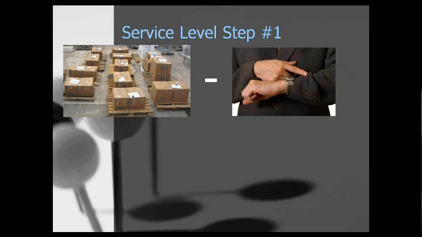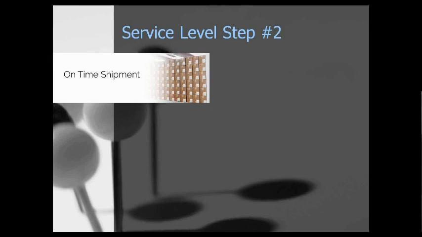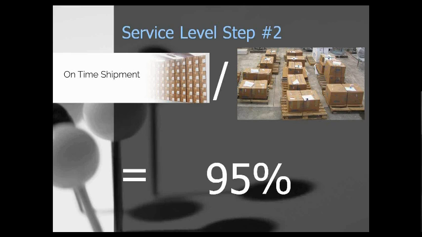What that gives us is the number of on-time shipments that we need to make every month. In this case, it's 38 shipments. That's step 1. Step 2, then we take the on-time shipments, that 38 that we have to get out on time every month, divide it by the total number of shipments we're going to ship in any given month, and this one is 40 shipments, and that gives us a service level of 95%.